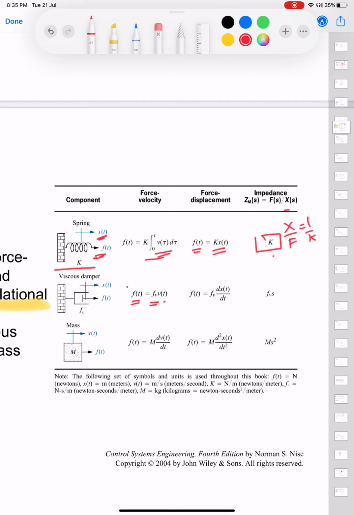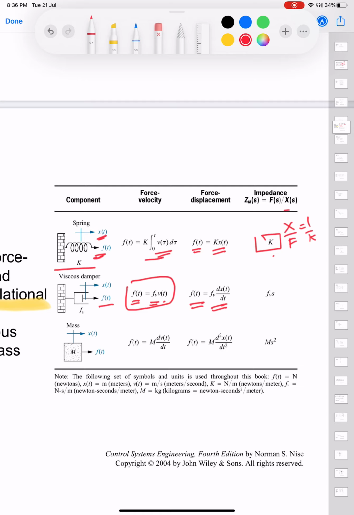So the governing equation is f(t), the force applied, is equal to f_v times v(t), where f_v is the coefficient of damping. Or you can also write it as a force displacement relationship: the applied force is equal to the damping coefficient multiplied by dx by dt.